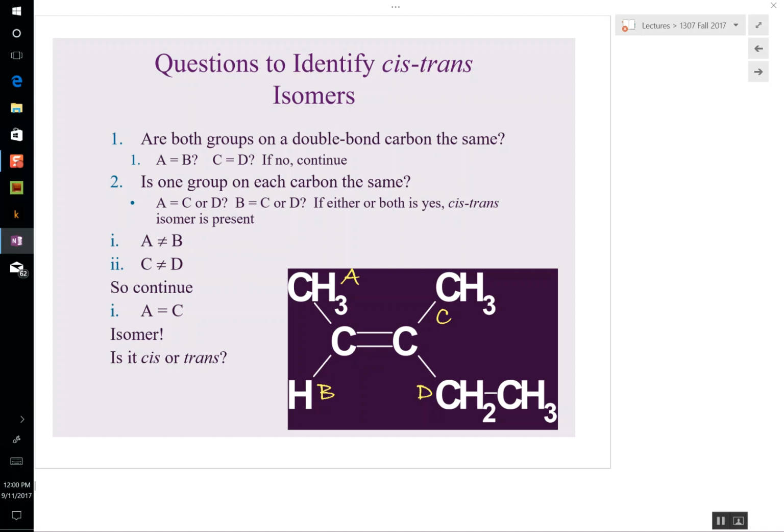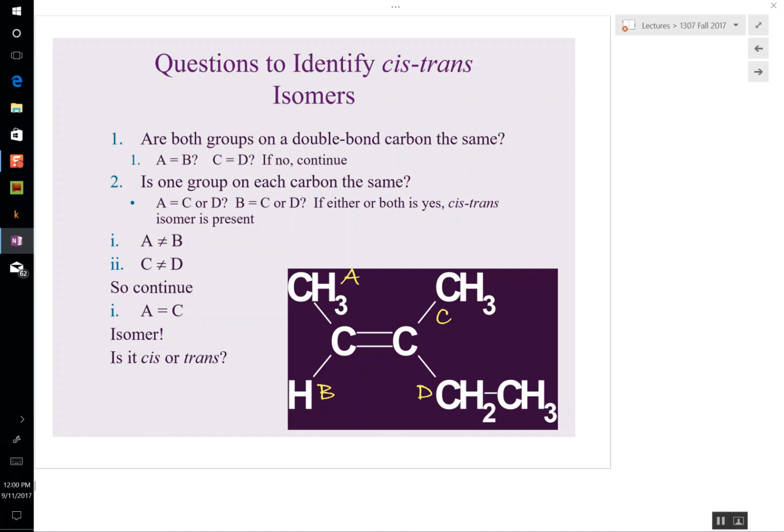A does not equal B, C does not equal D, A equals C. It is a cis or trans isomer. Now, where are those 2 things that are the same? Which side of the double bond?